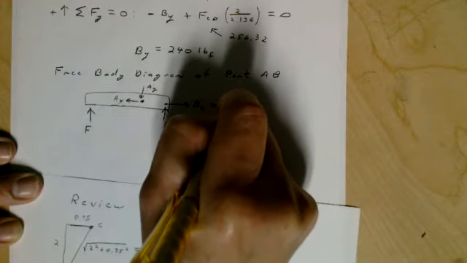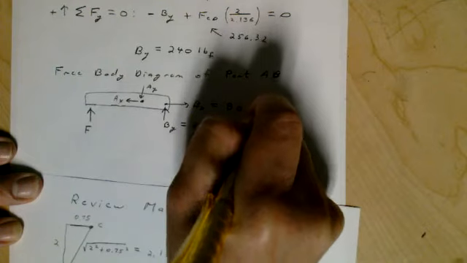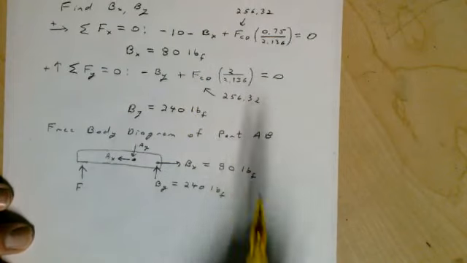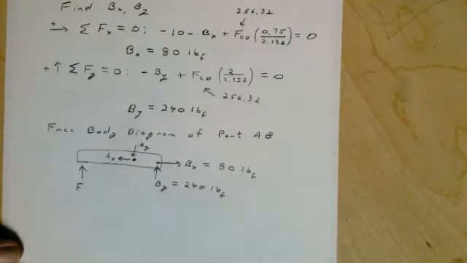And the values, of course, are going to be the same. So we just got that from the previous problem. We got the BX and the BY from up here, but just show them in the opposite direction.